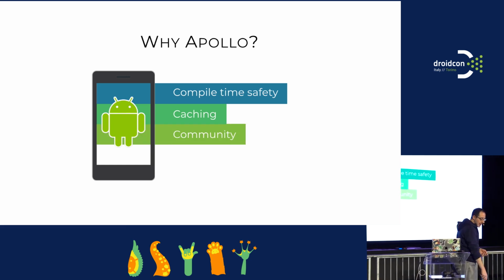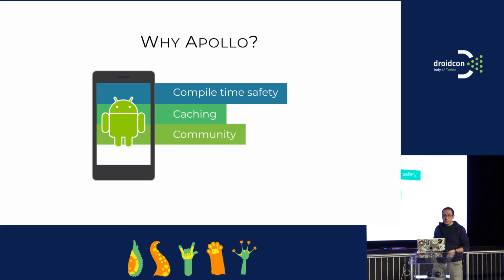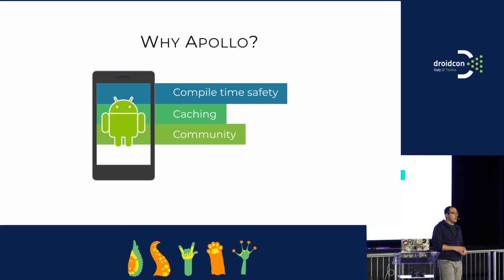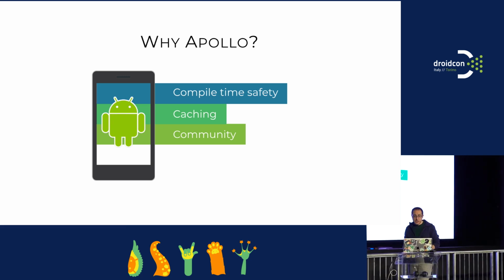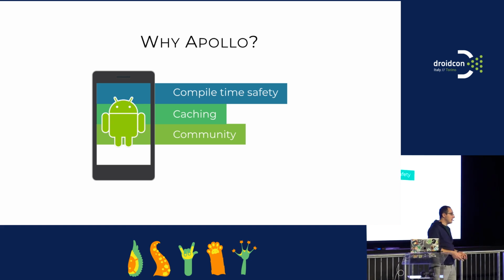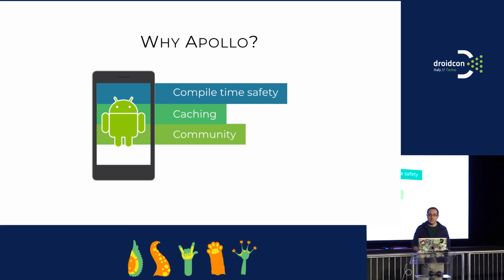Of course, Apollo is open source, and it has a huge community working quite a lot on this framework, because Apollo is available not only on Android, but also on iOS, on web, and I guess for backend. Yes, there is a backend for Apollo, definitely.